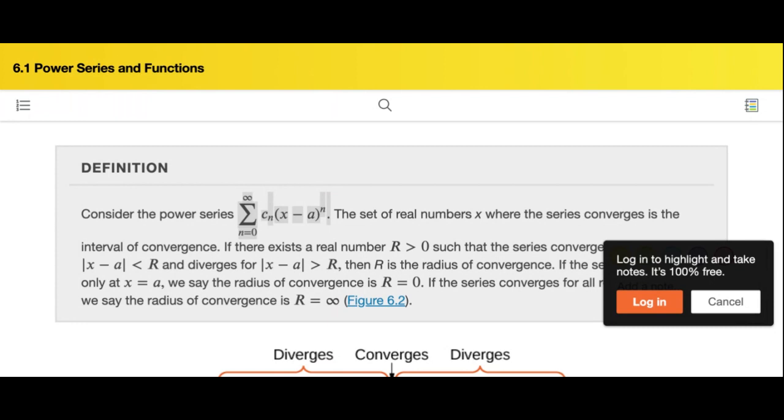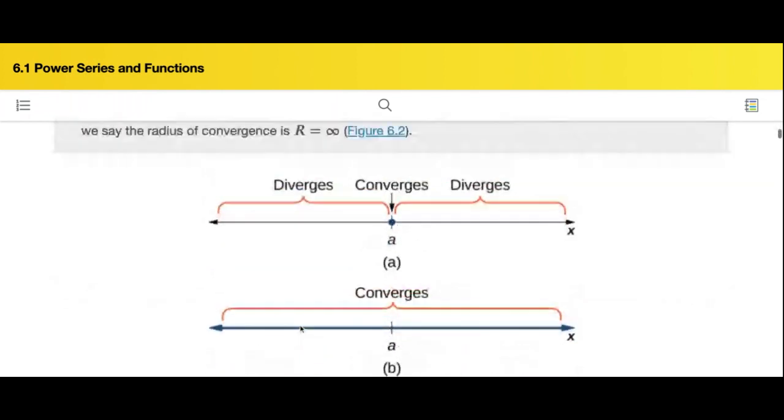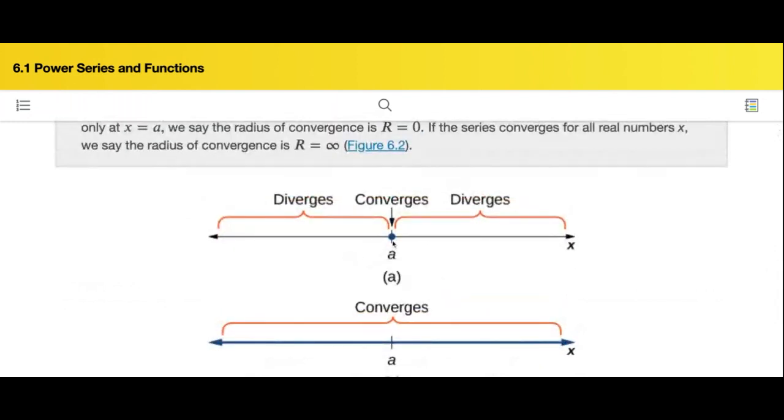Okay, so let's review those 3 conditions also. A power series always converges at its center. Okay, 3 situations.